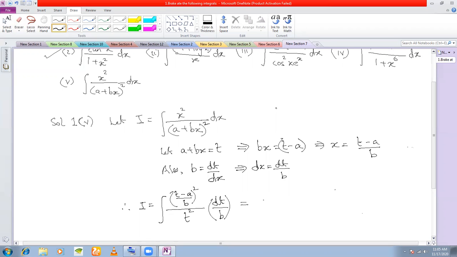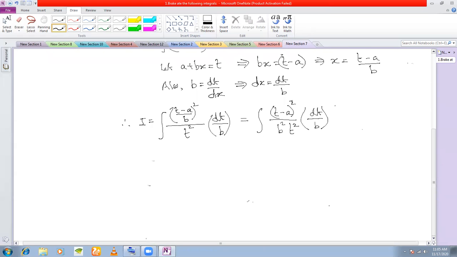So what you do here is you write this as (t minus a) whole square by b square t square into dt by b. Now what you get is b cube. When you multiply, you have (t minus a) whole square by b cube t square dt.